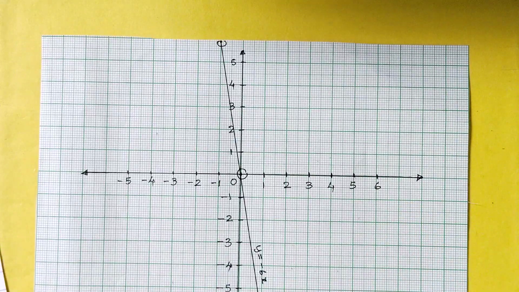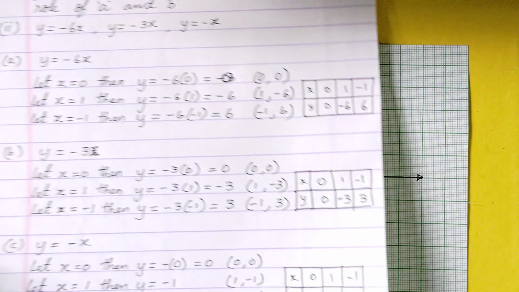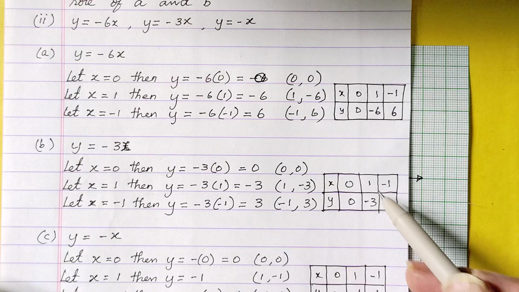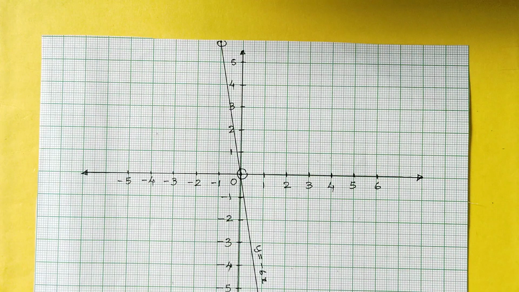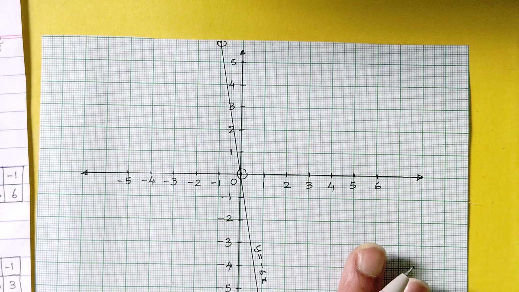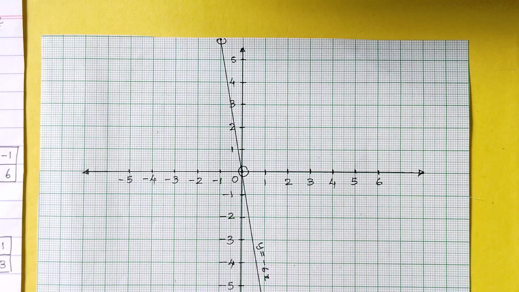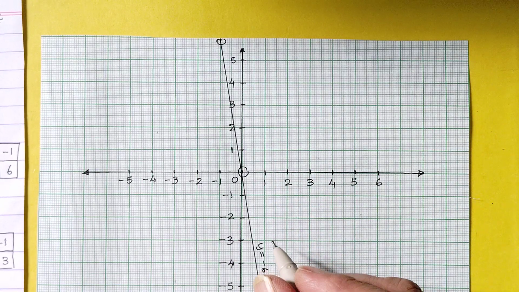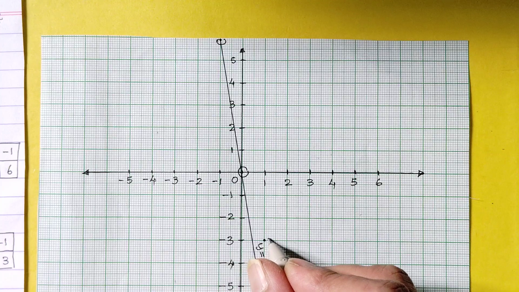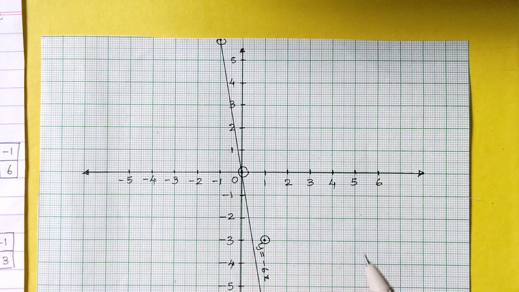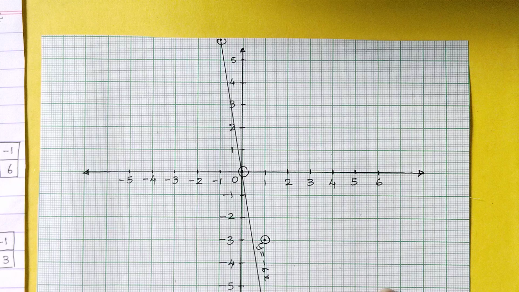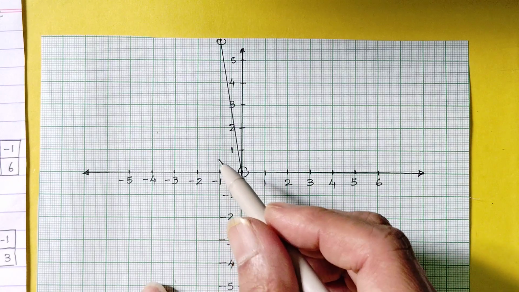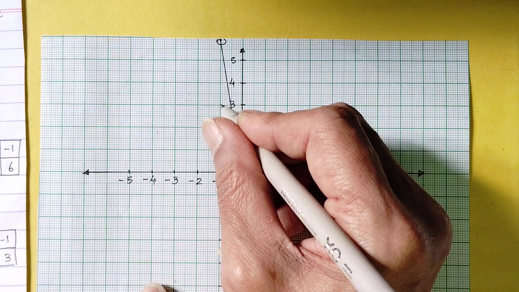Then the next one, y equal to minus 3x. The values are 0, 0; 1, minus 3; minus 1, 3. 1 and minus 3, this is that point. Next is minus 1, 3, so this point.